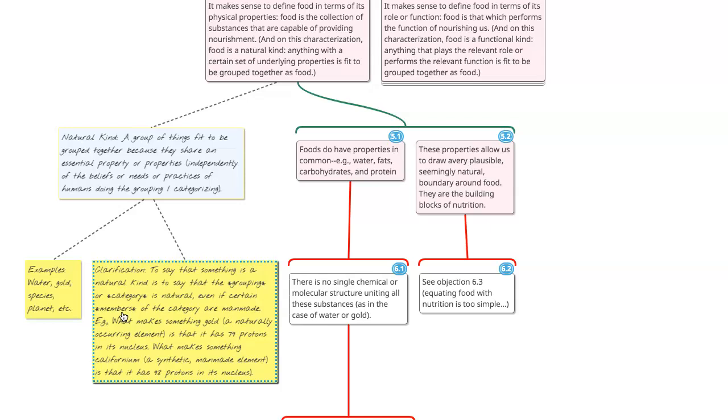For example, what makes something gold, a naturally occurring element, is that it has 79 protons in its nucleus. What makes something californium, a synthetic man-made element, is that it has 98 protons in its nucleus. Both of them seem fit to be grouped together in terms of number of protons in their nucleus, whether it's man-made or naturally occurring.